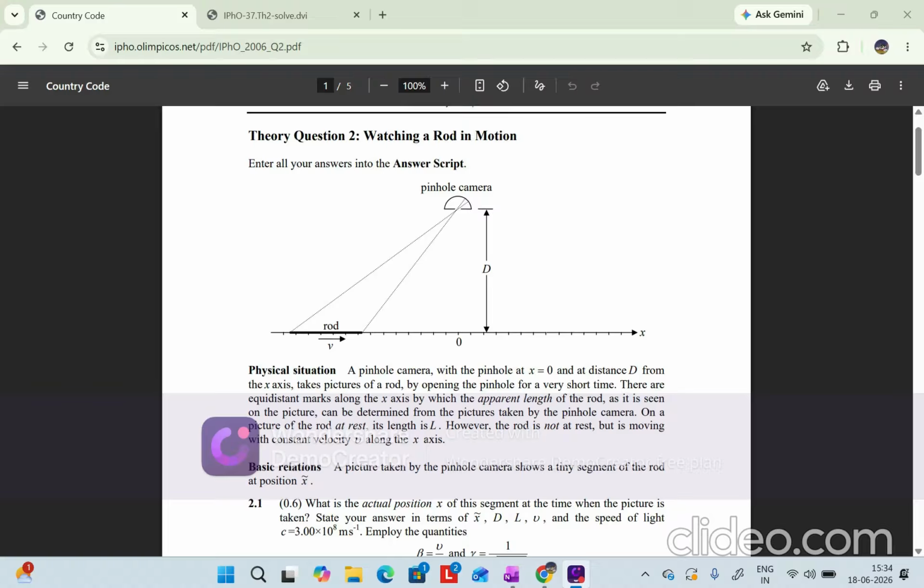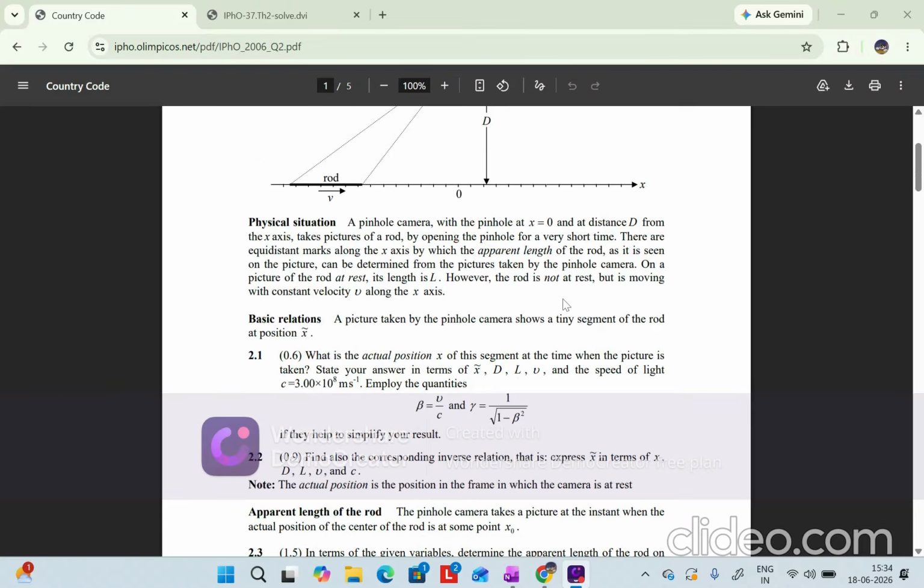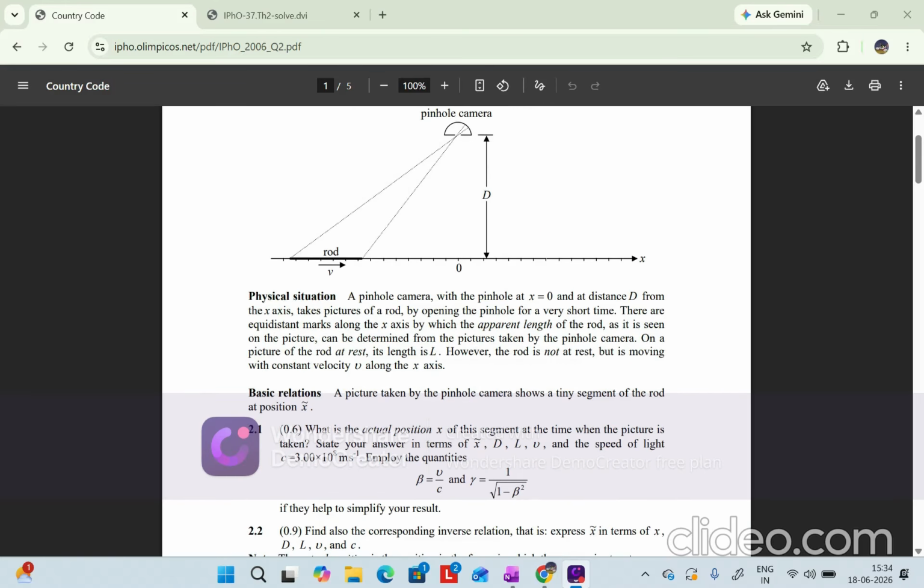My first question is that the picture taken by the pinhole shows a very tiny segment of the rod. So we basically take a point particle, or a very tiny segment, on the rod, and its position as shown in the picture is x tilde. Then you have to tell me the actual position x of the segment at the time when the picture is taken. Answer in terms of x tilde, d, l, v.